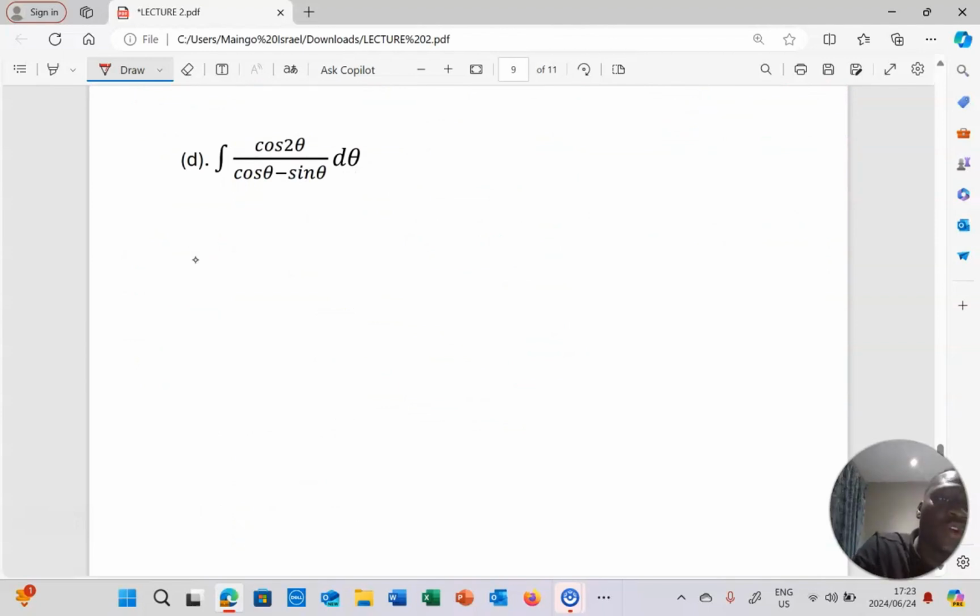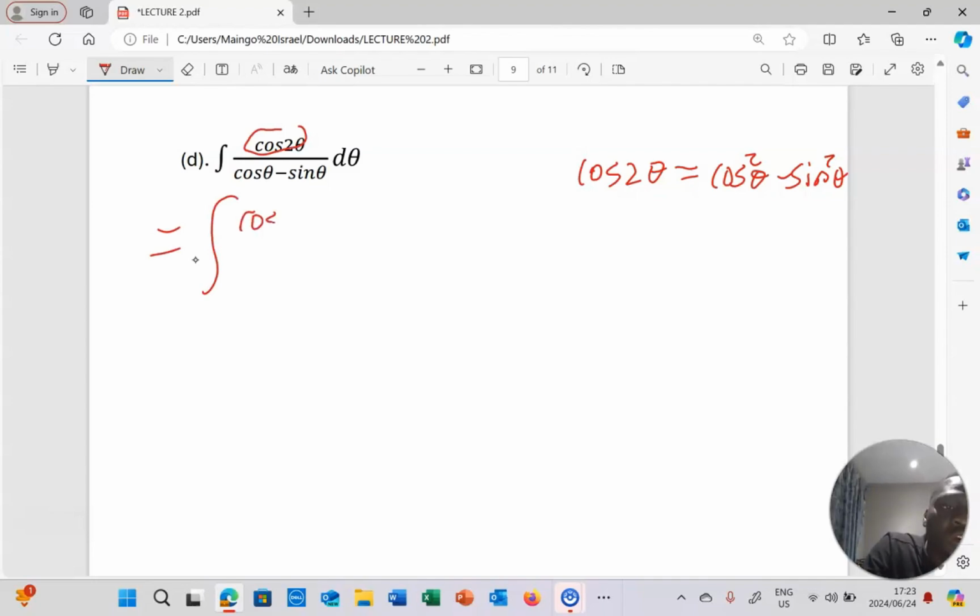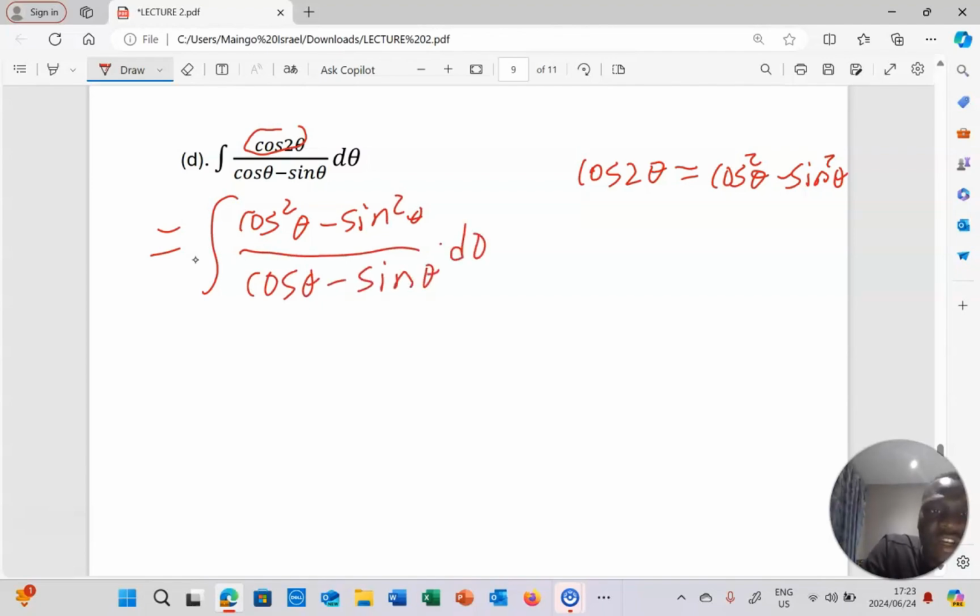We have this cos 2 theta, but we told you that cos of 2 theta, the double angle, equals cos squared of theta minus sine squared of theta. So this will be equal to the integral where, in the place of cos 2 theta, we put cos squared of theta minus sine squared of theta, all divided by cos theta minus sine theta d theta.